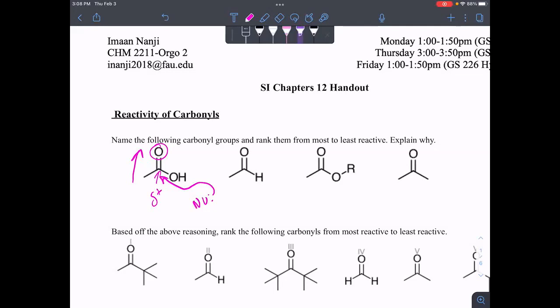Yes. So the whole idea about the reactivity of carbonyls is how much of an electrophile it is. So how strong this delta positive at this carbon is going to be. The more positive that carbon is, the more willing it is to react. And basically, if you like NMR or want to relate stuff back to it, the more deshielded the carbon is going to be, the more reactive. I'll just write that.